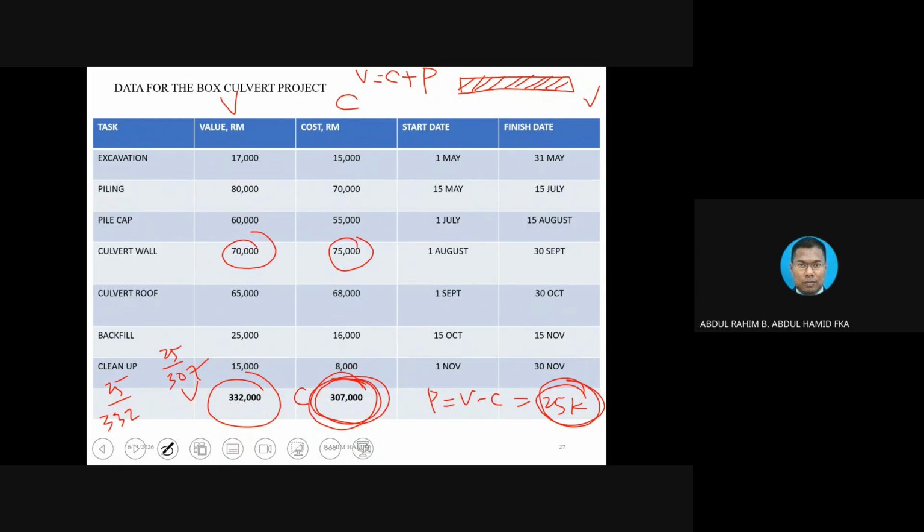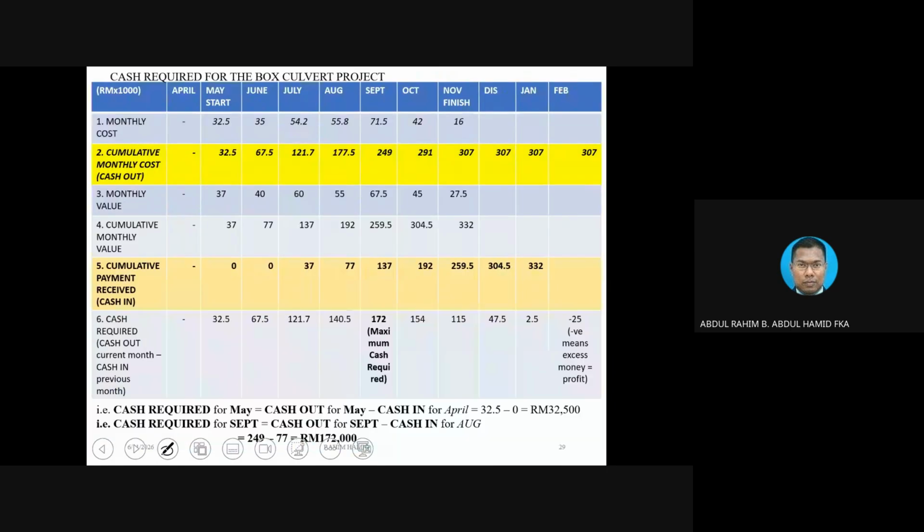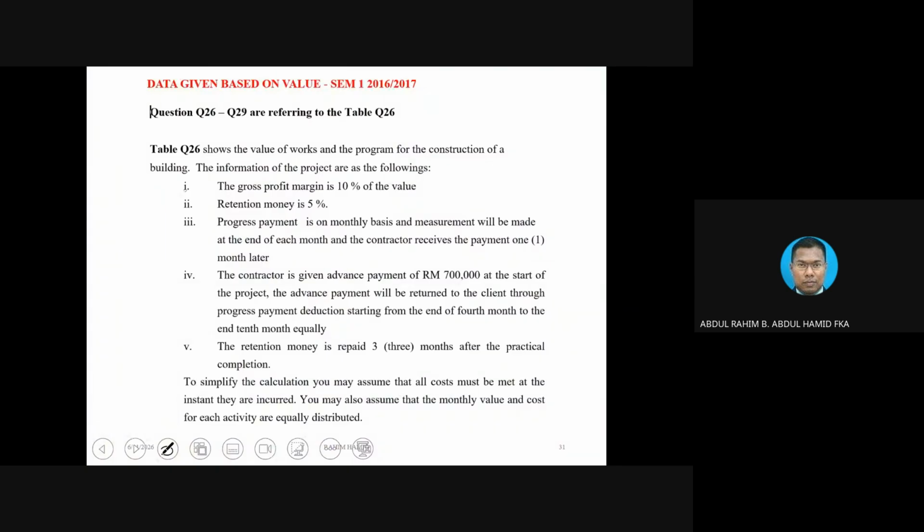That is the issue. So in order to avoid the confusion, in our real exam question, we already spell out the profit margin.